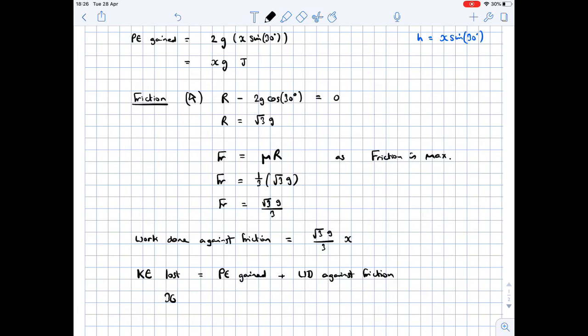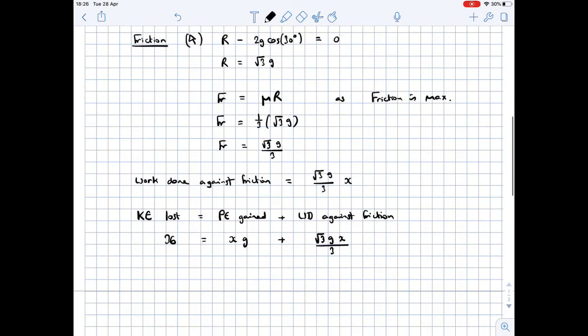Let's fill in what we know. 36, potential energy gained is xg, work done against friction is root 3gx over 3. So now we have an equation which we can solve.